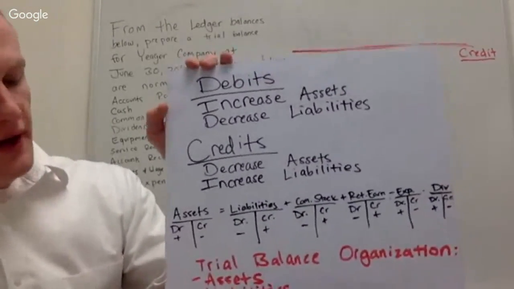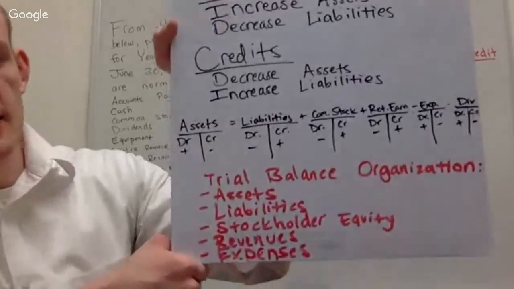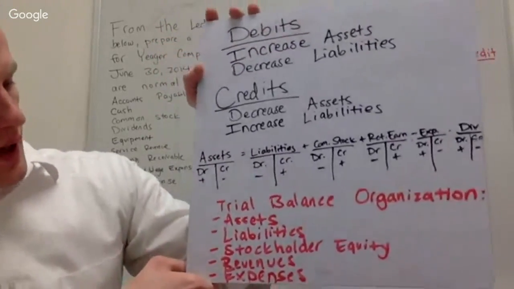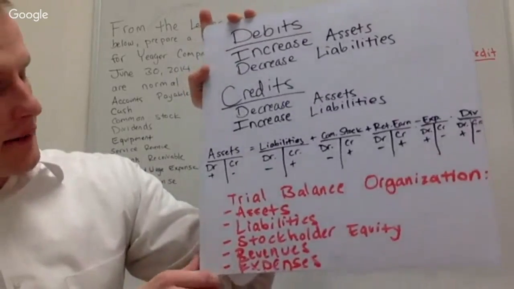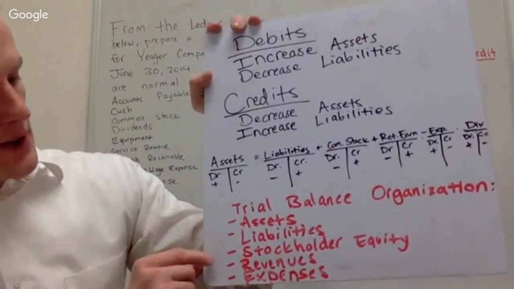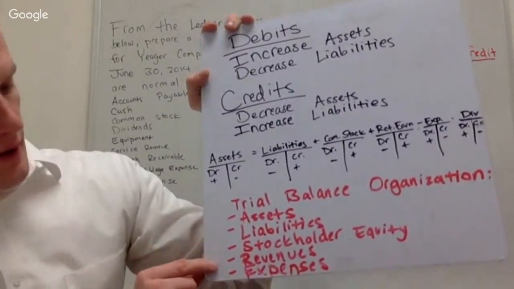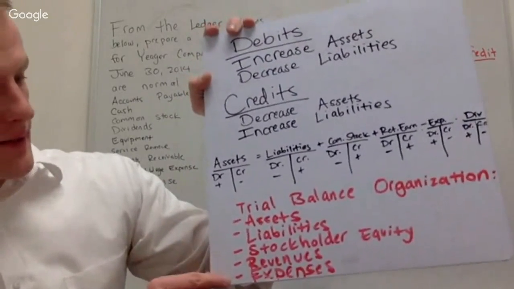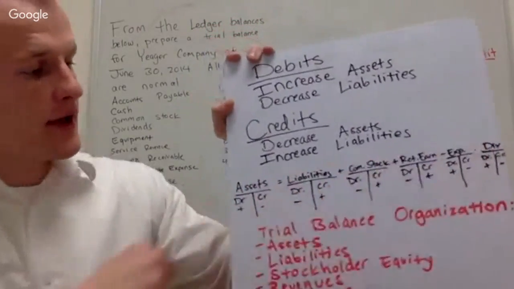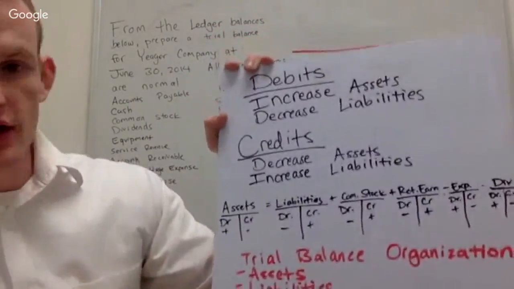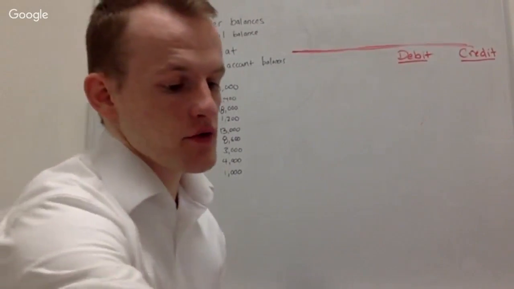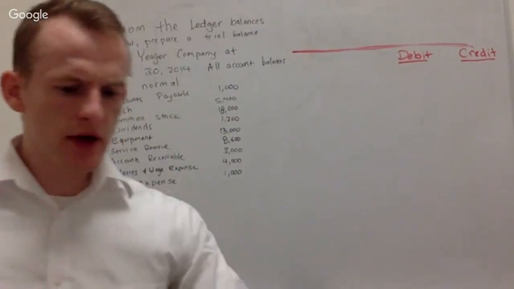The last section is our trial balance organization: assets, liabilities, stockholder equity, revenues, and expenses. It follows the extended general accounting equation very closely, so we'll be referencing those rules often.